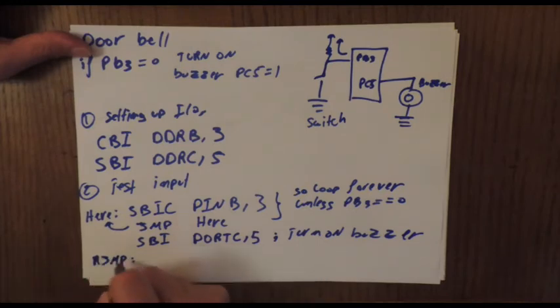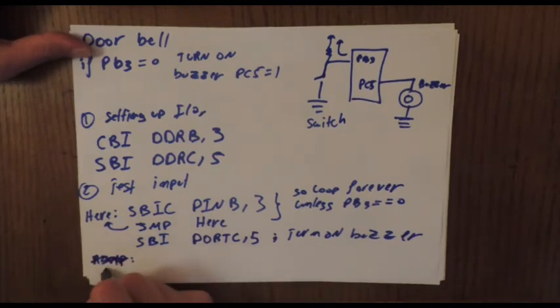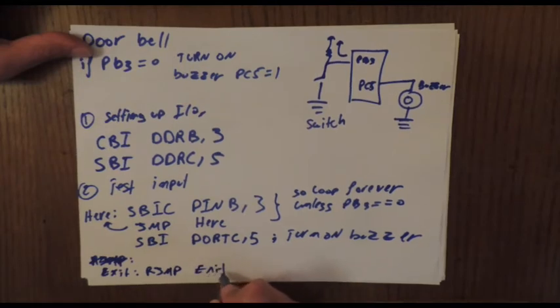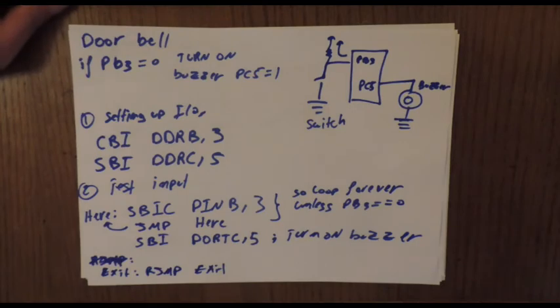Say this is exit, RJMP exit. So I'm gonna be placing it here. So this is a small problem that it will keep on testing unless we have a clear value.